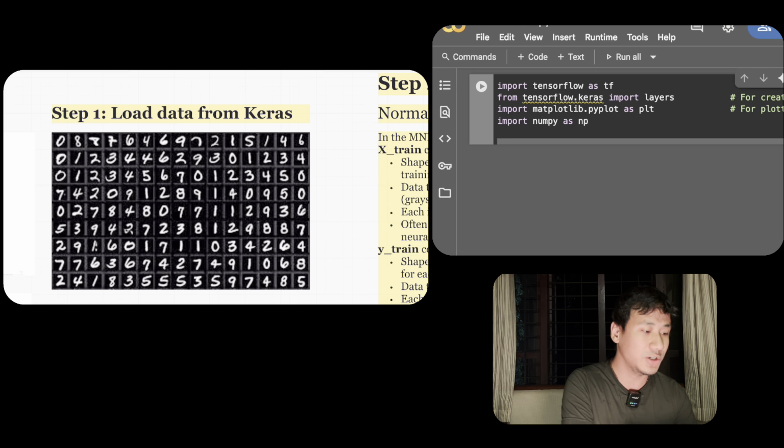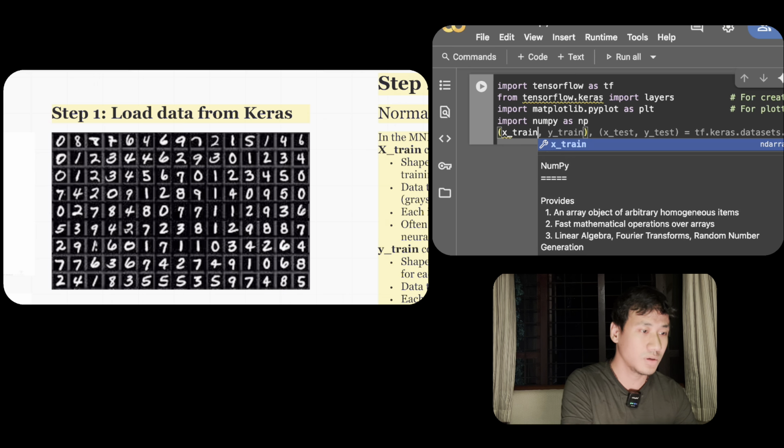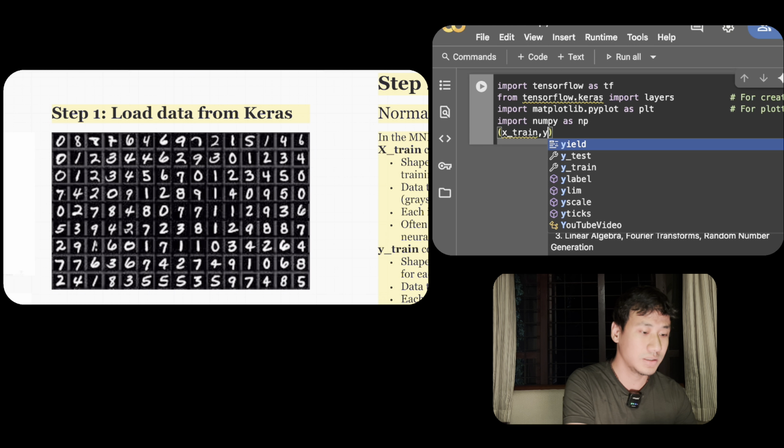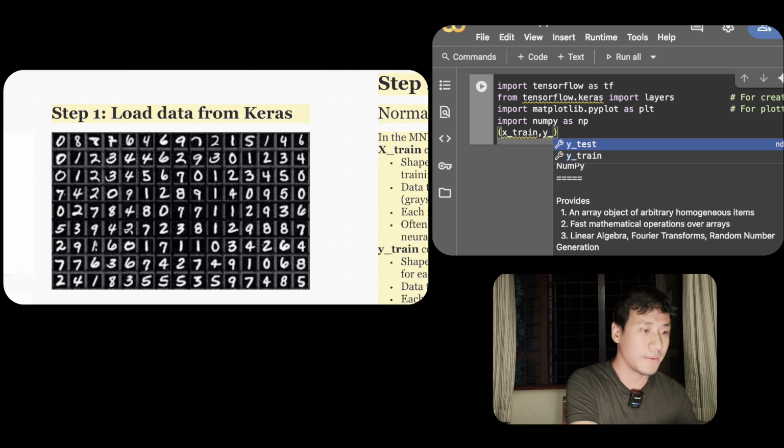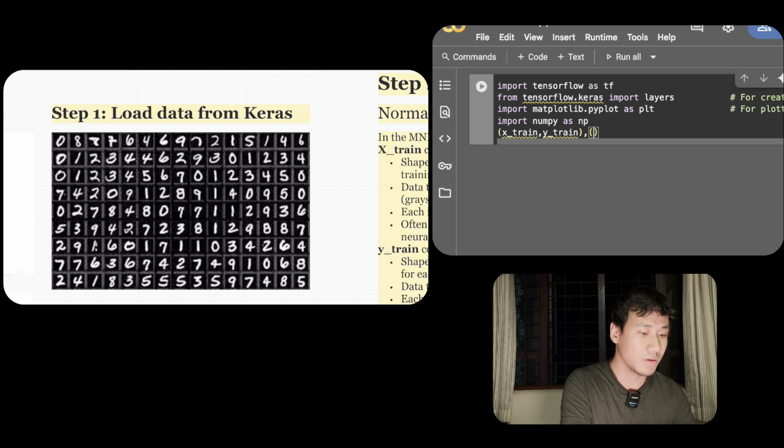So we will write x train, y train, x test, and y test. We'll be taking two sets of data, that is x train, y train, x test, y test. From where will we be taking it?